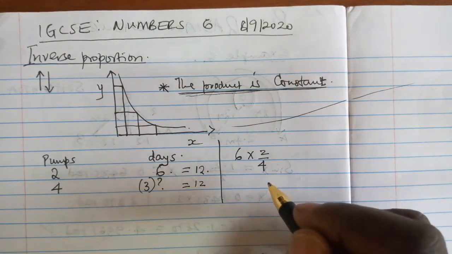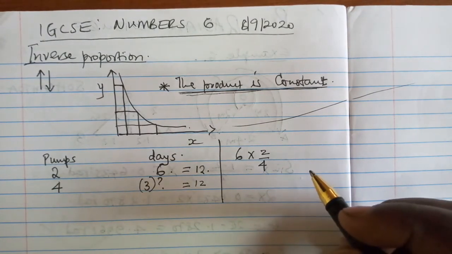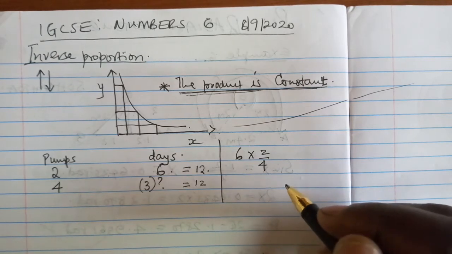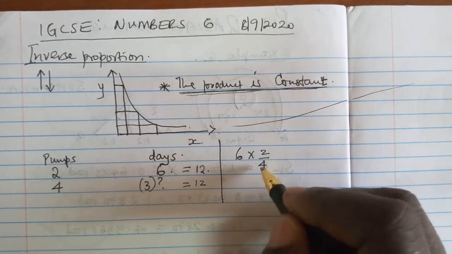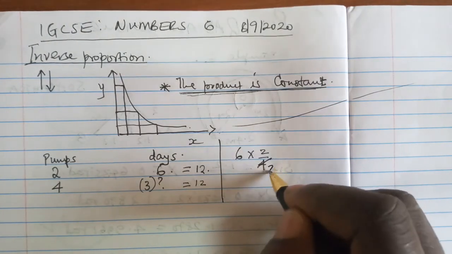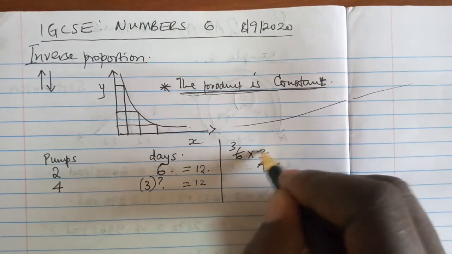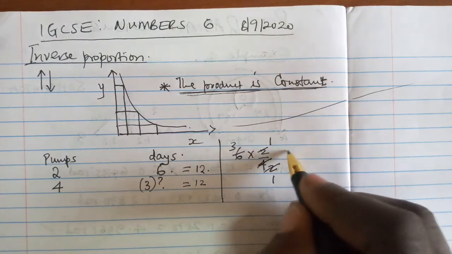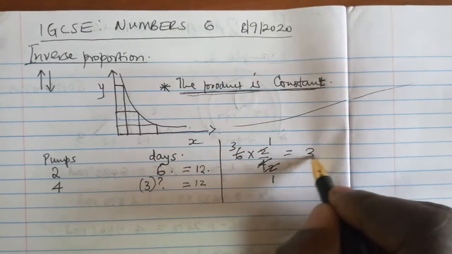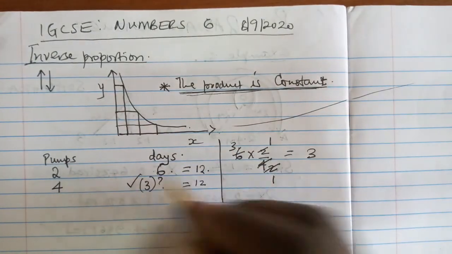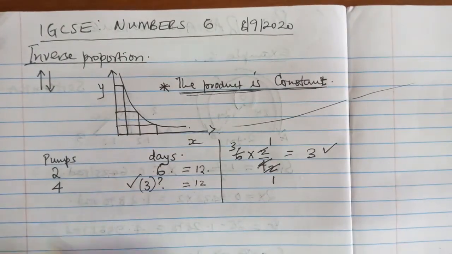Eventually, we have 3 times 1, which is 3, which is also reflected in the first approach. That is as far as part A is concerned.